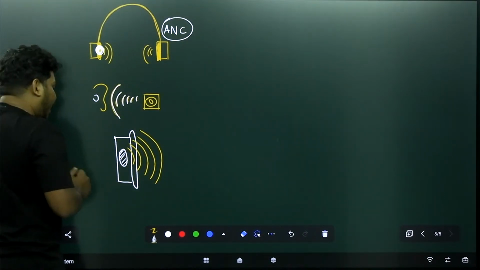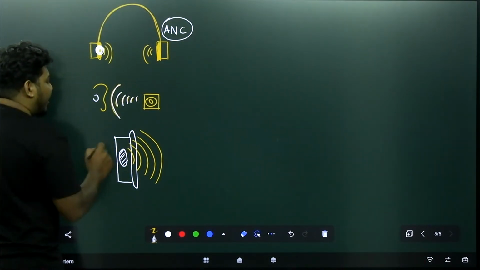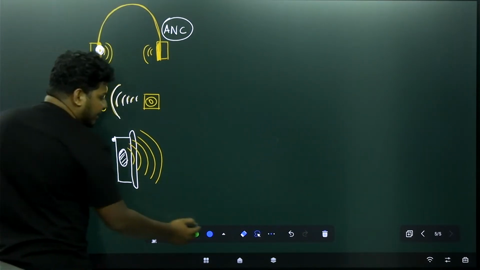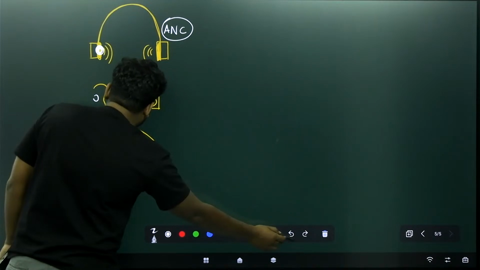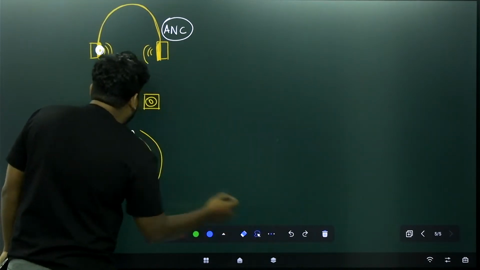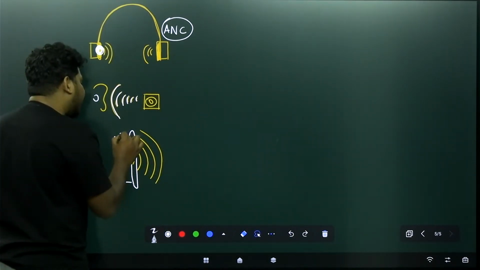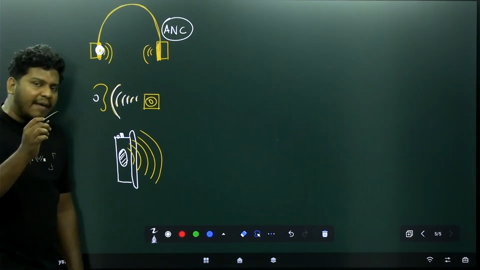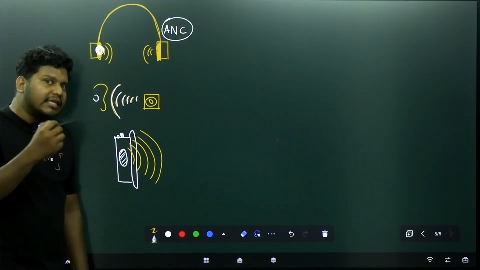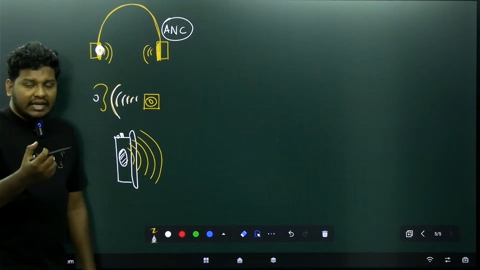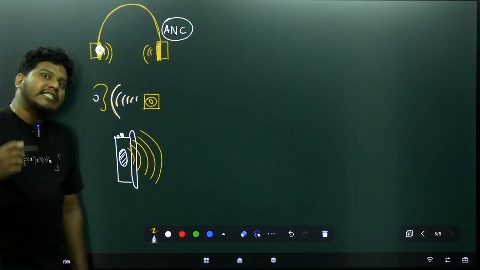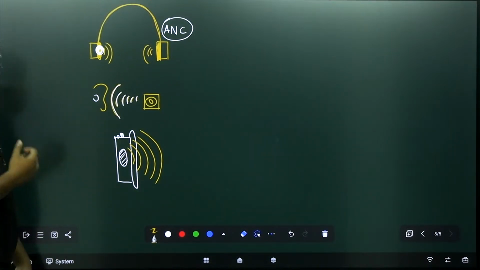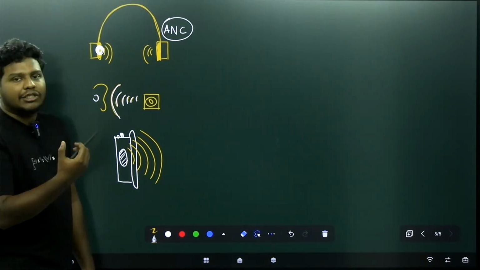Here. Okay, right. And also there will be some mic outside. You can't see that one, it is inside the casing. There is a mic also here, guys, and there will be some holes. This mic will listen to the outside surrounding sound, so it is able to catch it.